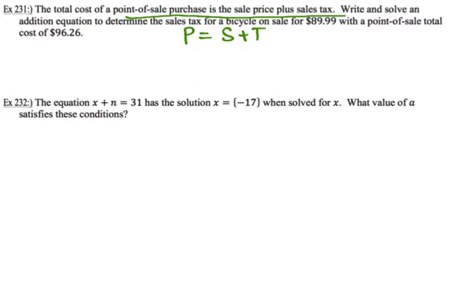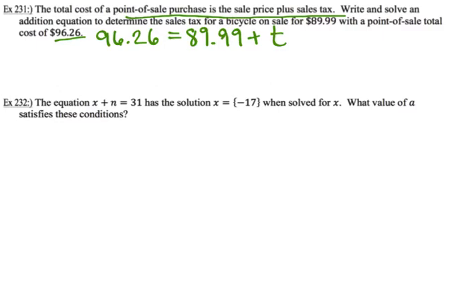Just kind of thinking of it that way. The purchase price is $96.26. Okay. The sell price is $89.99. And the sales tax is not known. I'm going to use T for tax. I'm going to curve the bottom of my T so it does not look like a plus sign.